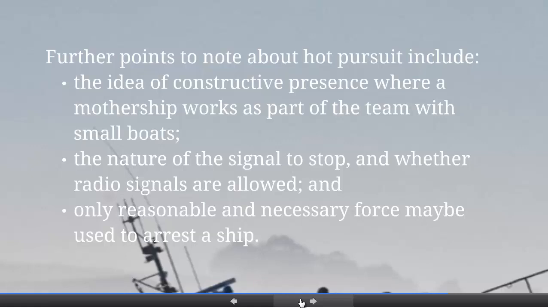And in that case, the mothership is deemed to be within coastal state jurisdiction, and hot pursuit can be commenced against it so long as one of the small boats working in a team with it remains within coastal state jurisdiction. This is called the theory of extended constructive presence.